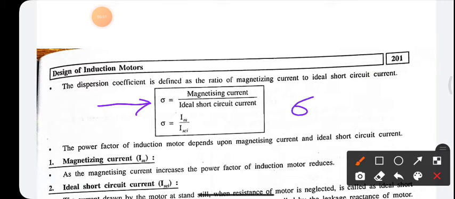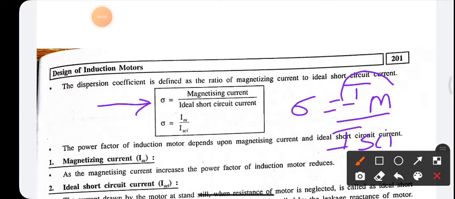It is denoted by sigma and is given by Im upon Isci. This is the dispersion coefficient.